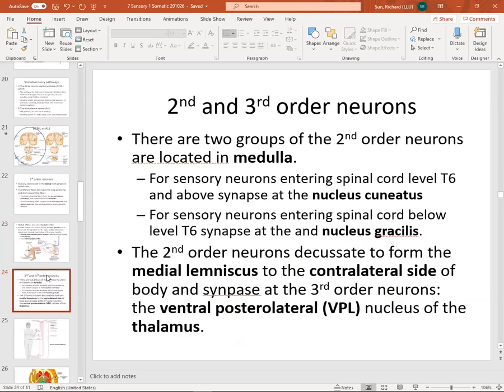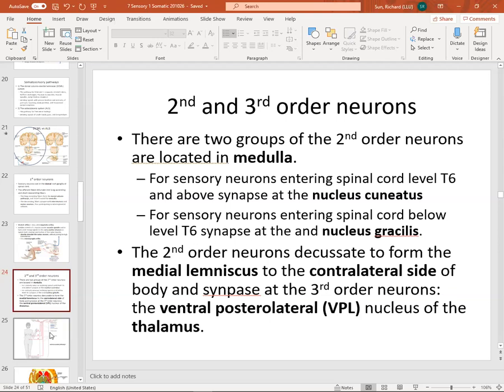And then the second order neuron is in the medulla. Here we have two groups in the medulla. They are the nucleus cuneatus, which receives signal from the receptors in the spinal cord T6 and above, and also the nucleus gracilis, which receives signal from the synapses in the spinal cord T6 and below.